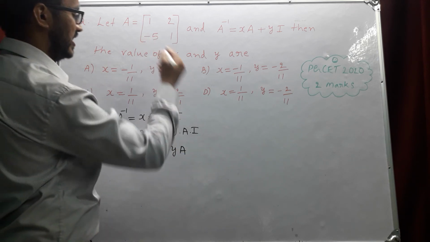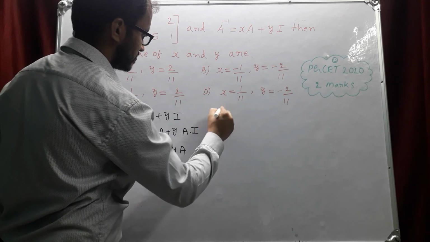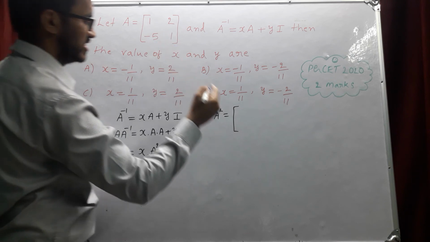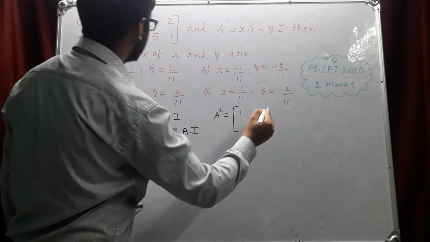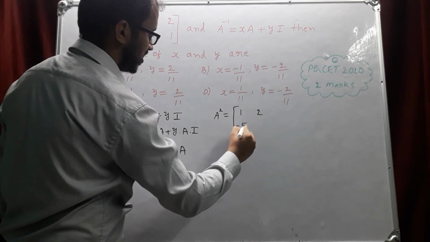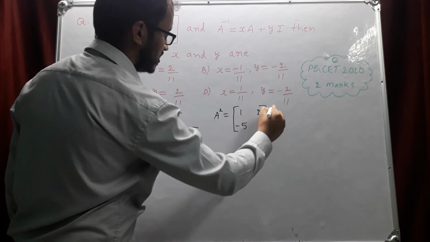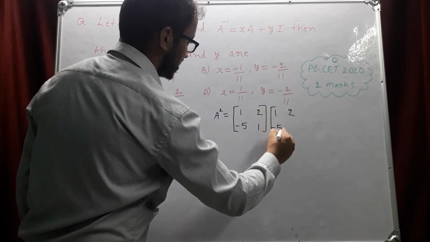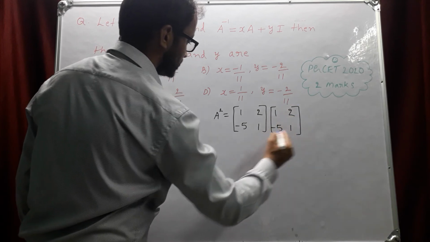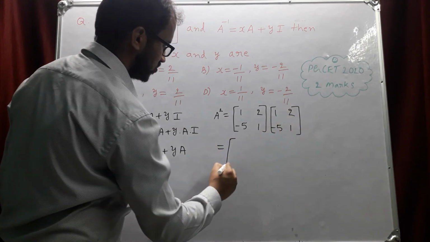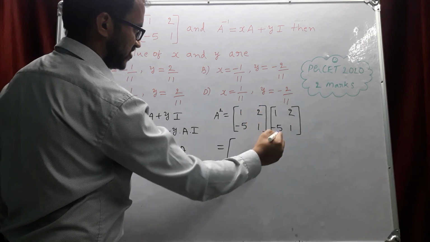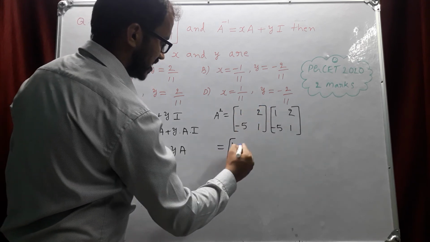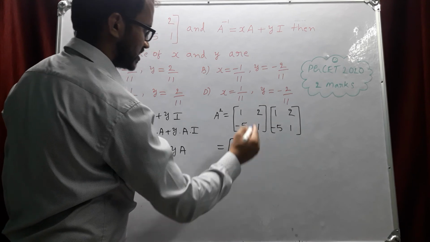A square means, so that is A into A, given matrix is 1, 2, minus 5, 1. Again if you multiply with 1, 2, minus 5, 1. So you will get first row, first column, that is 1, 2 into minus 5, that is minus 10.